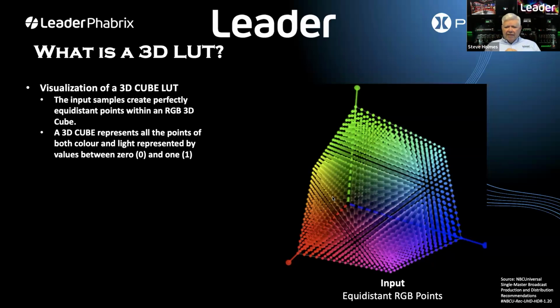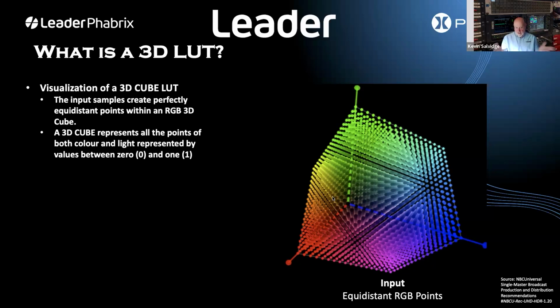So we have a LUT that at least has all of the points for the data that's actually coming into it. So as I said, it starts off here. The input sample creates a perfectly equidistant point within an RGB 3D cube.